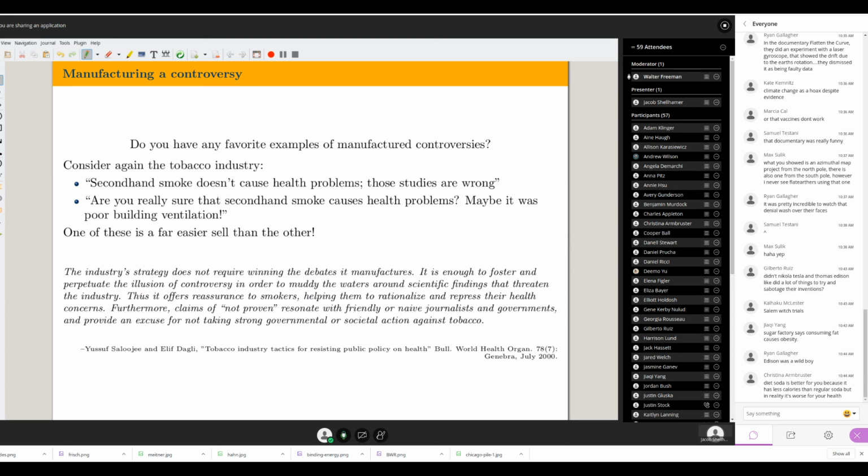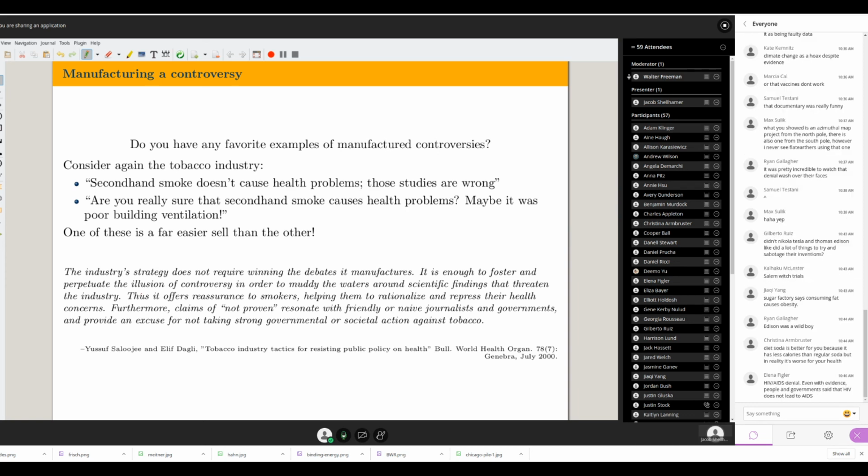Furthermore, claims of not proven resonate with friendly or naive journalists and governments, and provide an excuse for not taking strong governmental or societal action against tobacco. So they're pointing out that the tobacco industry just tried to muddy the waters around the scientific consensus that smoking was harmful to your health to reassure smokers and then governments that they were slipping money to.